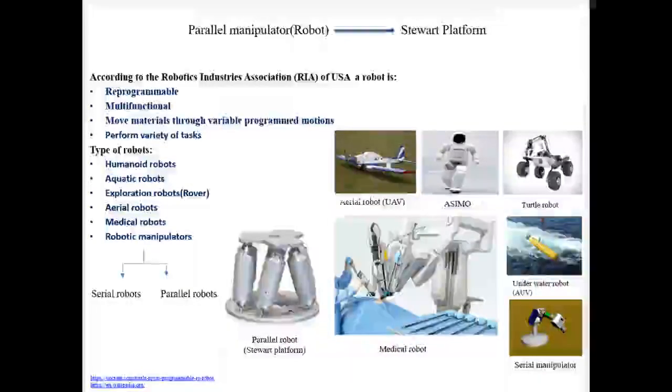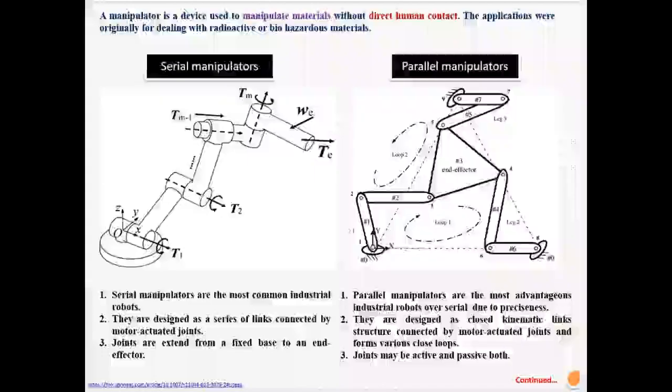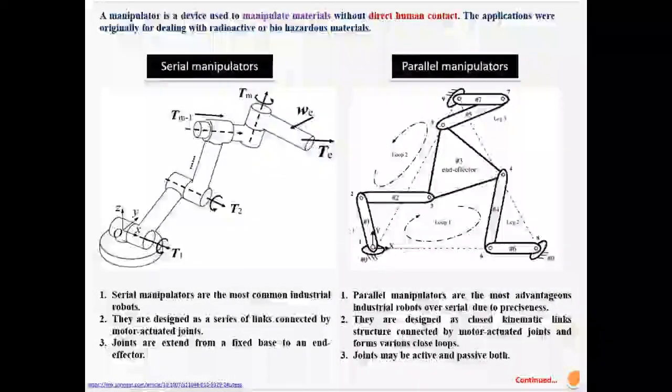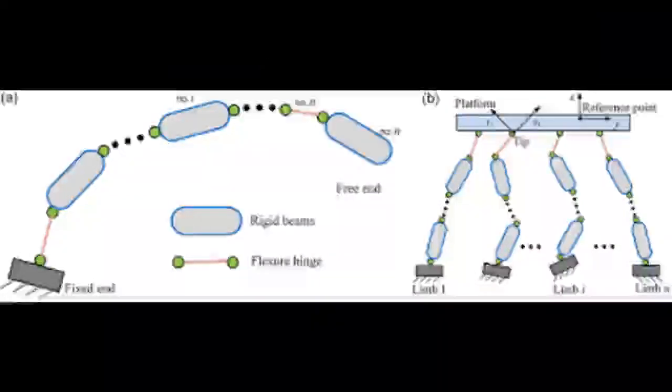The first category is the serial manipulator, and the second one is the parallel manipulator. Serial manipulators are similar to a human arm and have an open kinematic chain linkage, whereas parallel robots have various closed kinematic loop structures.